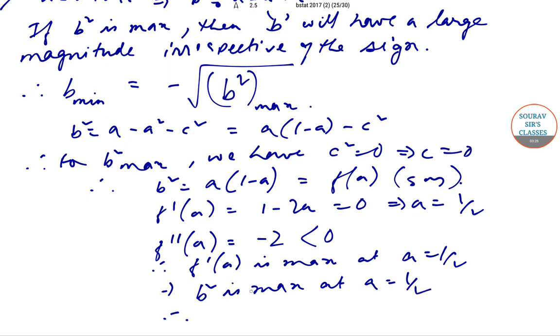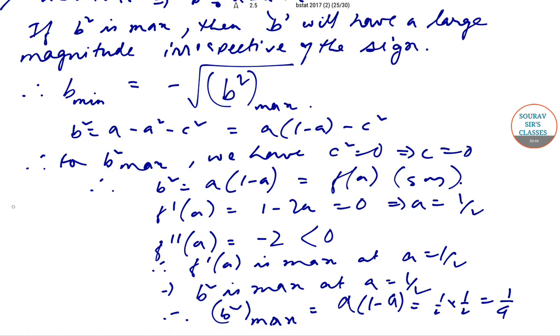Therefore B square max will be equal to A into 1 minus A, that will be equal to half into half, that will be equal to 1 by 4. Therefore the maximum value of B square is 1 by 4.